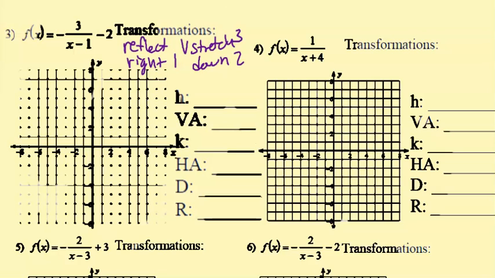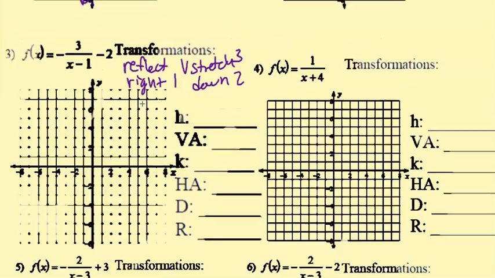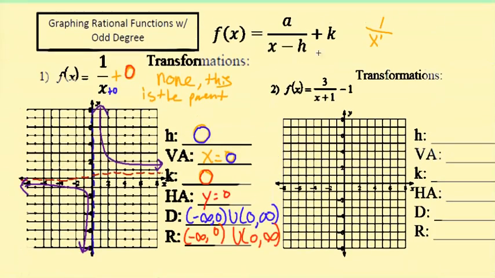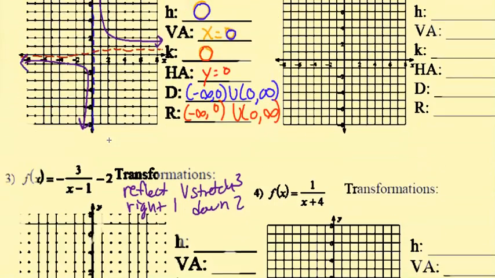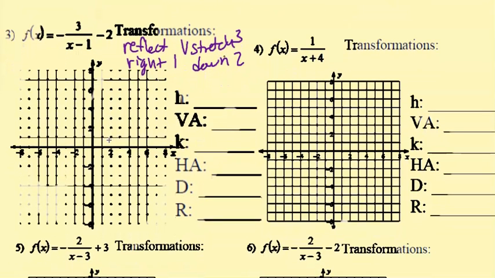So, to get our h value, we'll write a 1. So your vertical asymptote is going to be x equals 1. Your k value is this minus 2 right here.